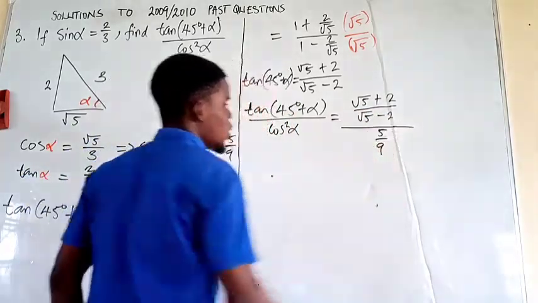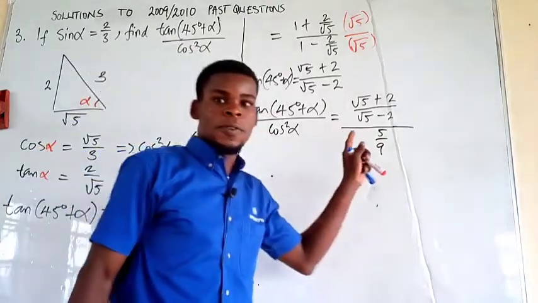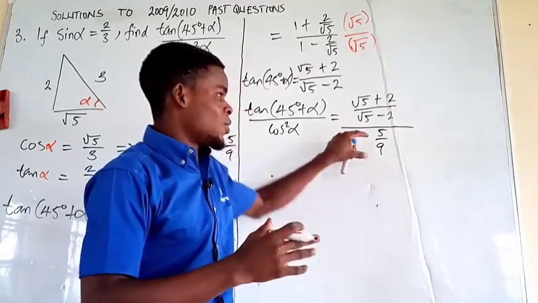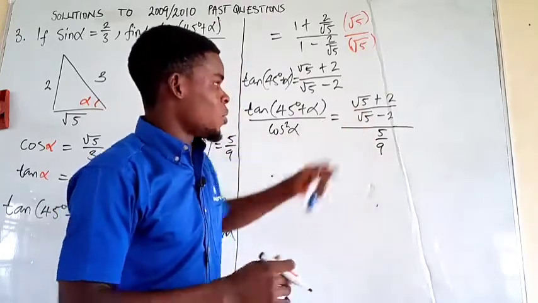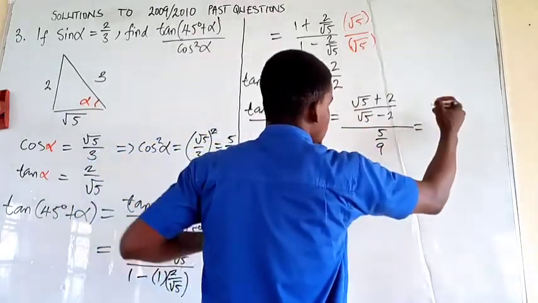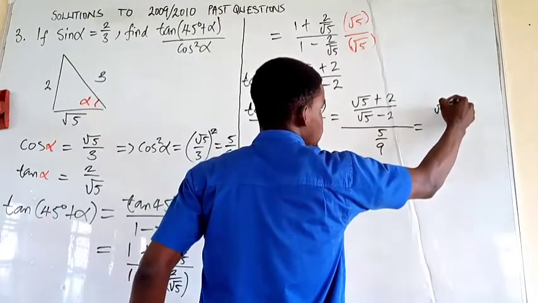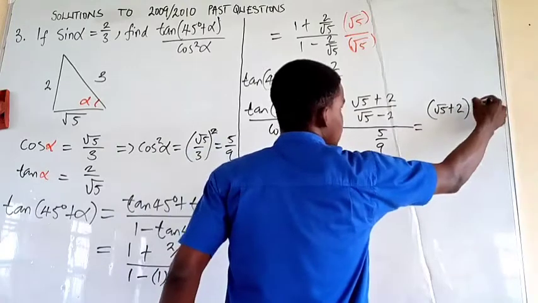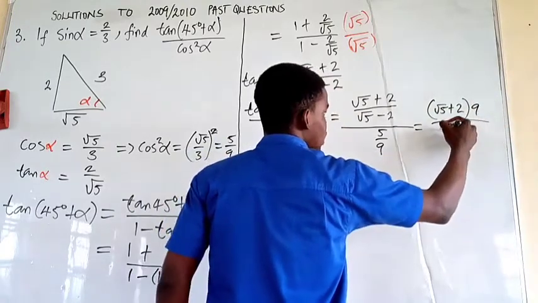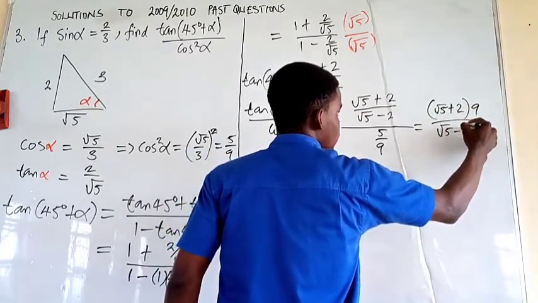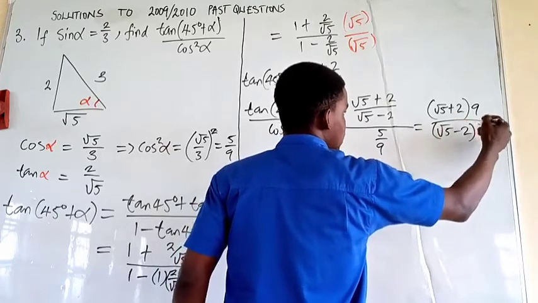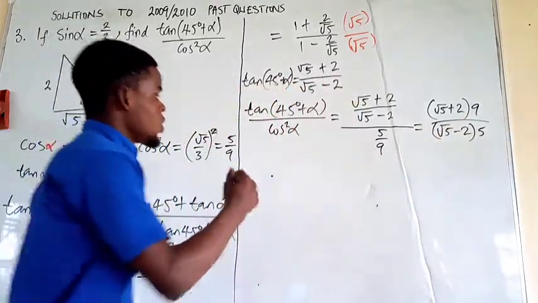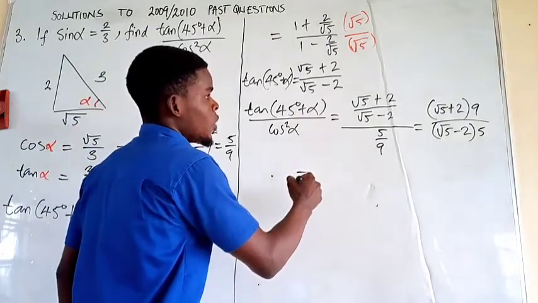We identify this as division of fractions, and we can switch the denominator, which takes us to root 5 plus 2, times 9, divided by root 5 minus 2, times 5. Okay, so we just multiply everything throughout.